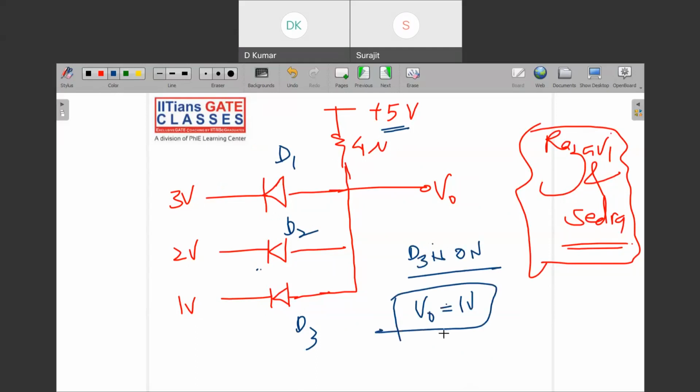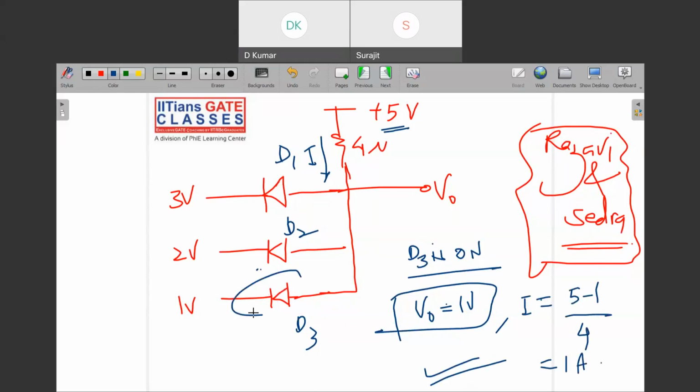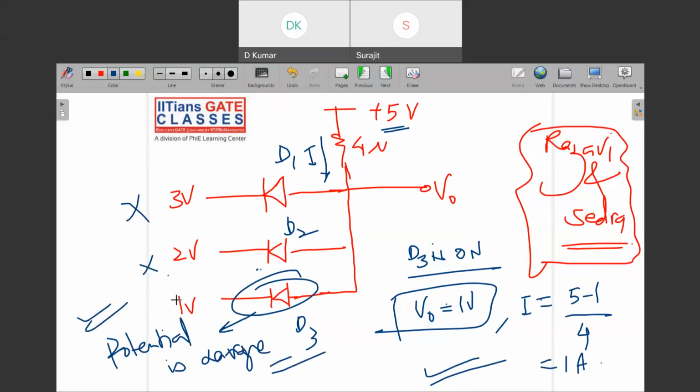And the current you can determine now: I will be 5 minus 1 upon 4, that is 1 ampere. Here the potential is large, so the others will be off and this will be on.